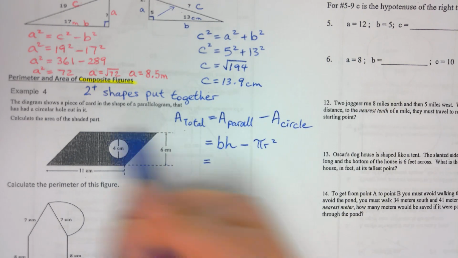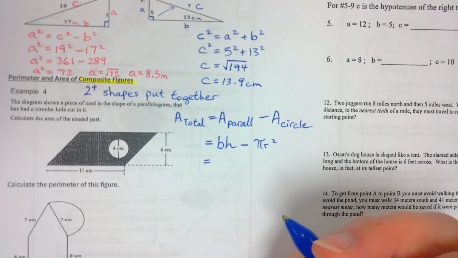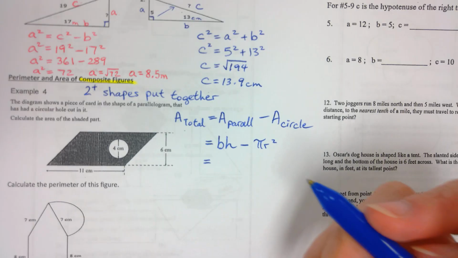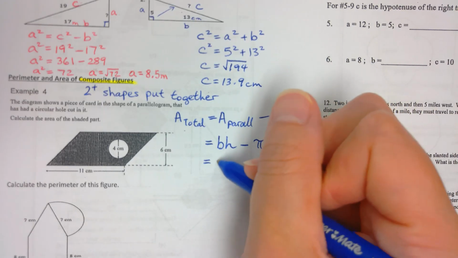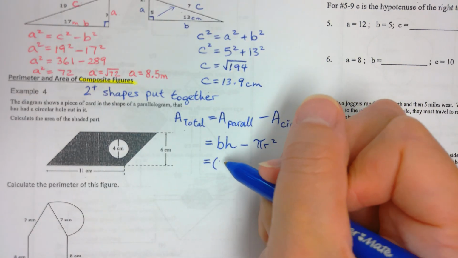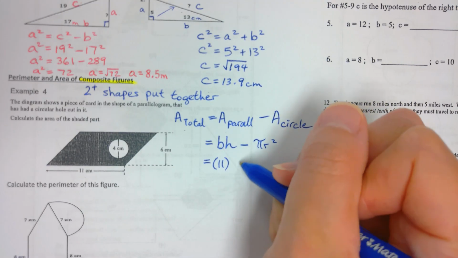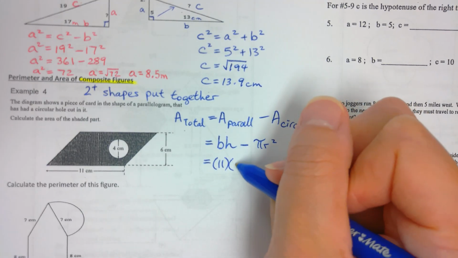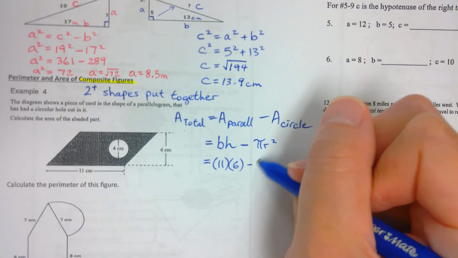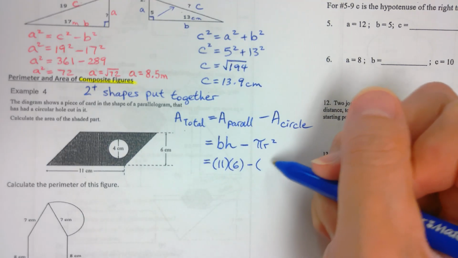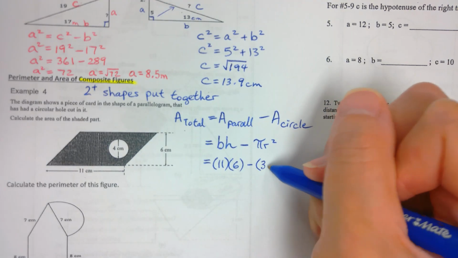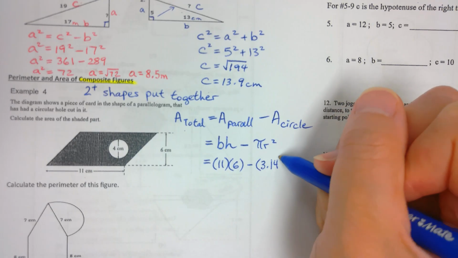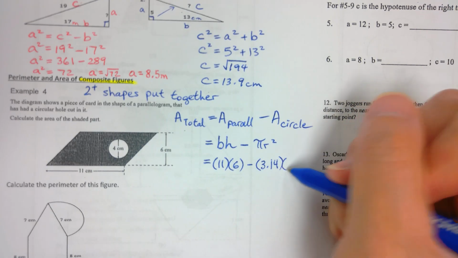So looking at this diagram right here for the parallelogram, what's the length of the base? 11. Good. And Radine, the height? Yeah. All right. What number is pi? 3.14. Wait, 3.14. Don't make it your own number, it won't work.